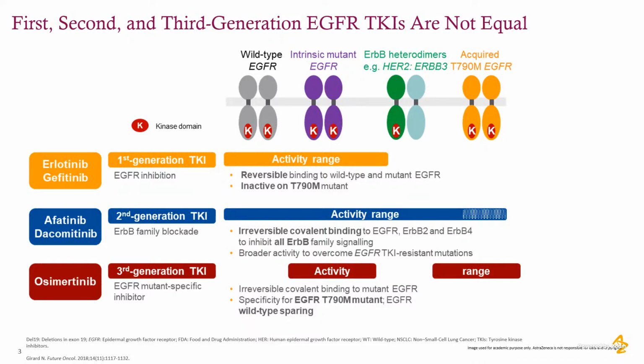Yes, we have a third generation TKI, osimertinib, an EGFR mutant specific inhibitor. Its activity is irreversible covalent binding to mutant EGFR, with specificity for EGFR T790M mutant, and it is EGFR wild type sparing. So it is active against both EGFR mutations, exon 19 deletion or 21 mutation, and also EGFR T790M mutants.